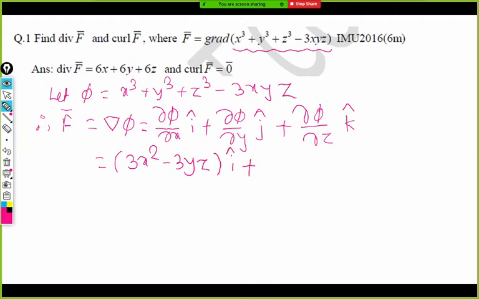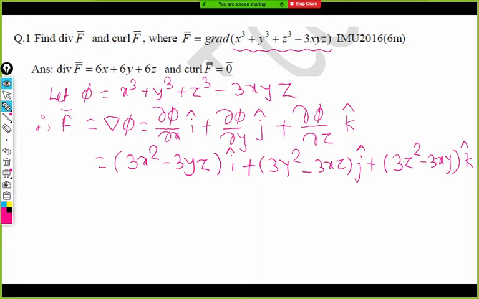Very good. Similarly, 3y square minus 3xz. And lastly, 3z square minus 3xy. So these are the components of vector f bar.